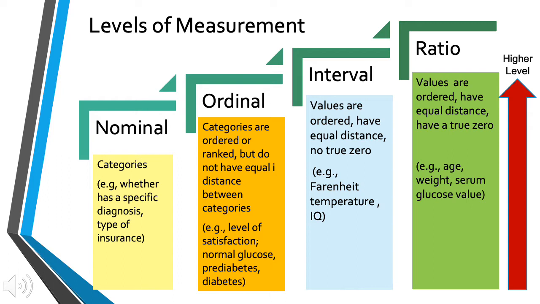We know the exact difference between a Fahrenheit temperature of 100 and 101. Ratio data is the highest level of measurement, again because it's the most precise. Rather than simply knowing whether someone is pre-diabetic or diabetic, we have a precise value of their serum glucose.